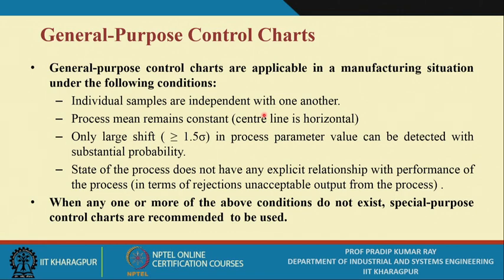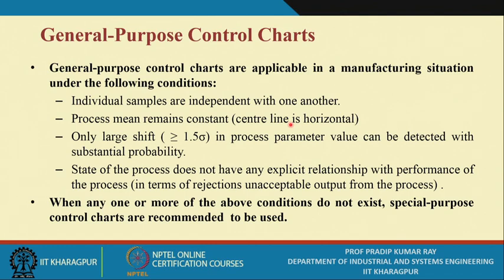Whenever you use a general purpose control chart, we assume that the individual sample points are independent of one another. In other words, we assume that the samples which you were required to draw, maintaining the time order over the time periods, are all independent of one another.